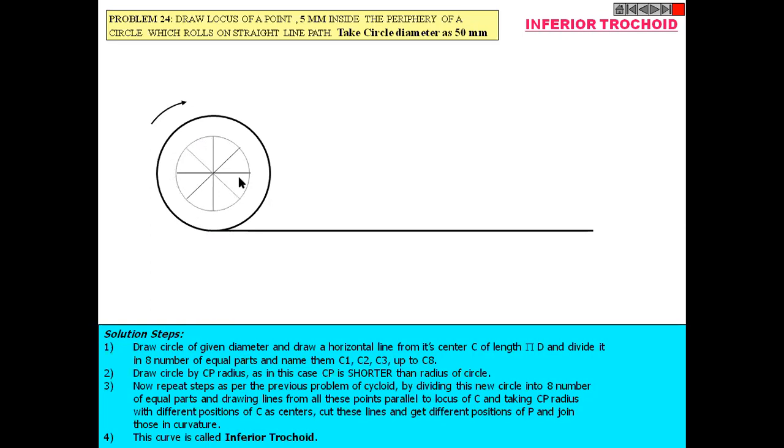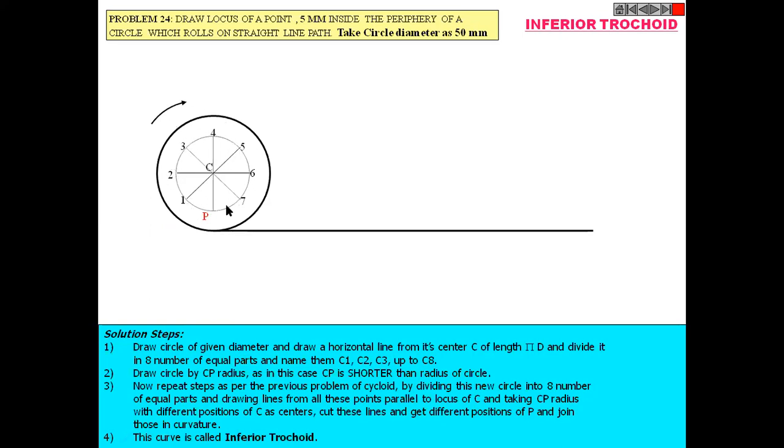Then divide this circle into equal parts, either by 8 or 12, it doesn't matter. Then mark the initial position of the moving point, which is 5 mm from the generating circle, and give the numbers of the different divisions.